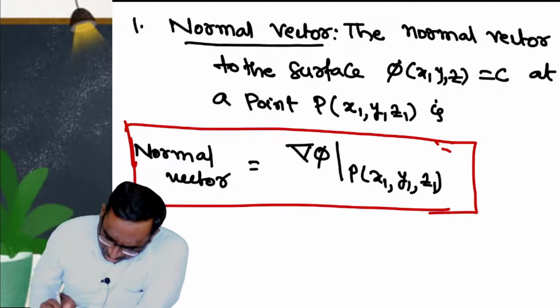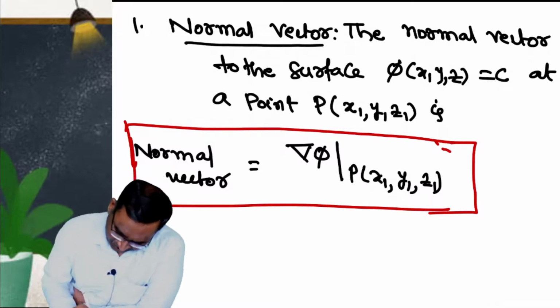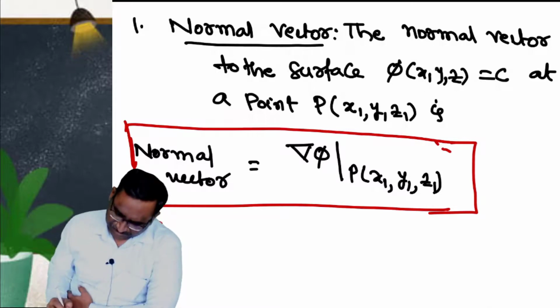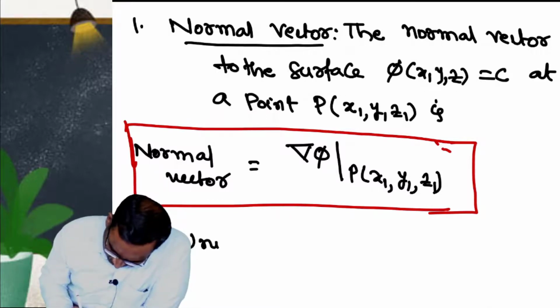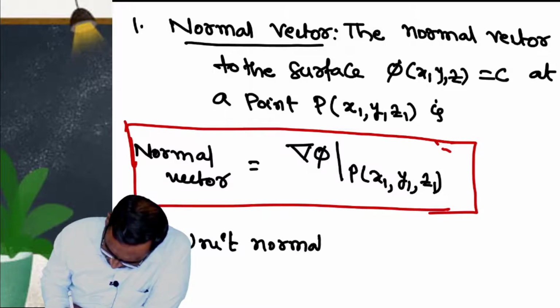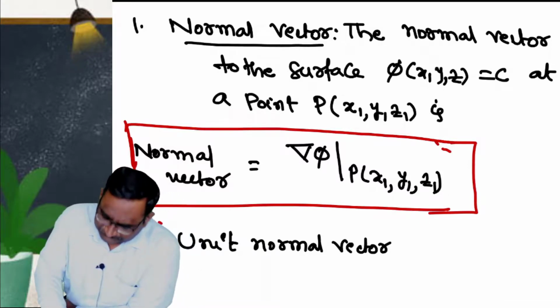Whenever a normal vector is there, the second one is immediately the unit normal vector.